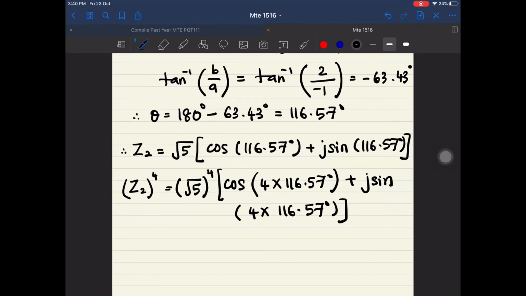And when you press your calculator, you will have the answer, which is -7 plus 24j.